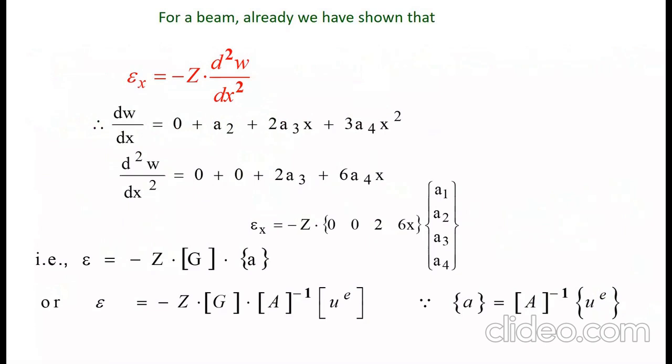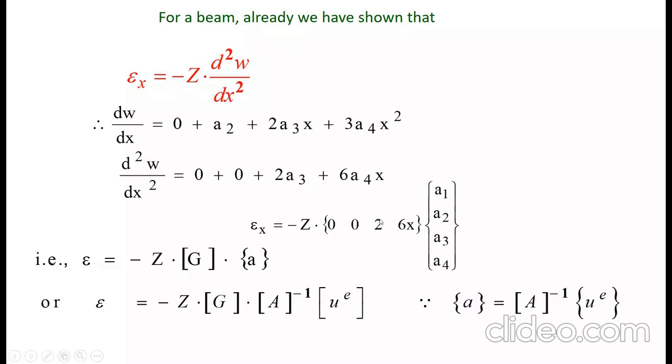So here strain equals minus z d square w by dx square. We take the derivative as usual. So dw by dx equals 0, a2, plus 2 a3 x, plus 3 a4 x square. Again we take the derivative: d square w by dx square equals 0, 0, 2 a3, plus 6 a4 x. So strain equals minus z times 0, 0, 2, 6x, times a1, a2, a3, a4.